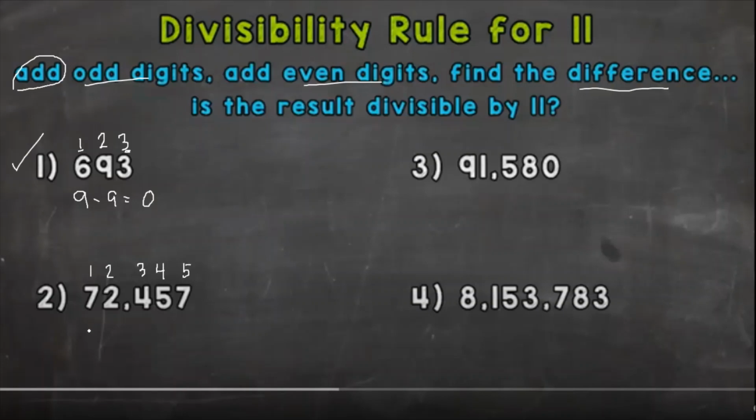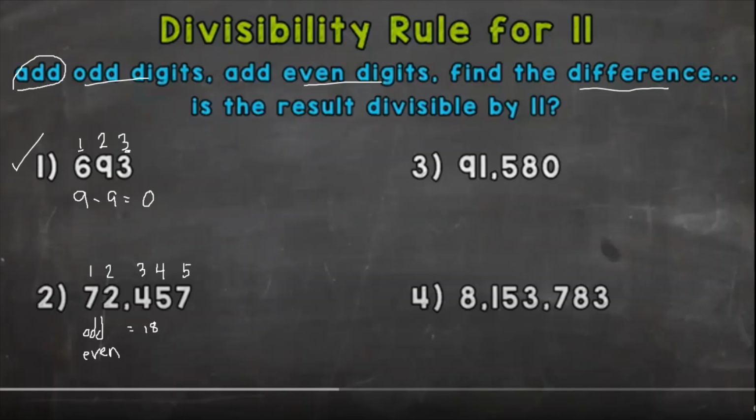Now, first, we're going to add the odd-position digits. We have here 7. 7 plus 4, we have here 11. 11 plus 7, the answer is 18.